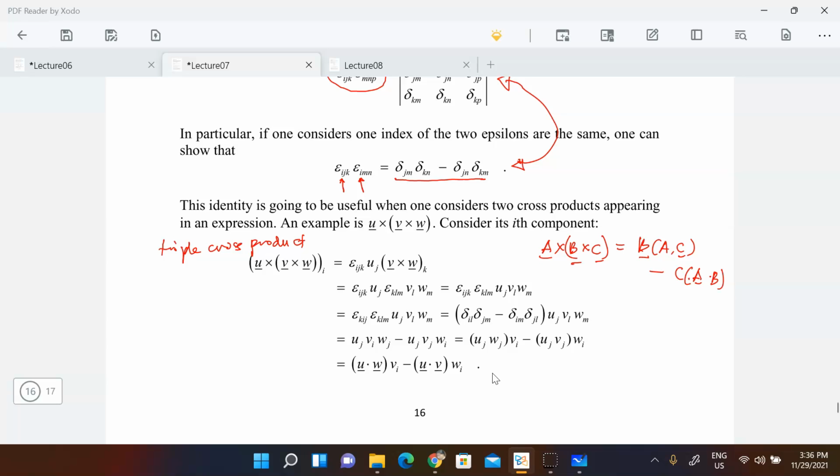So this is the BAC-CAB rule that you probably have learned somewhere.